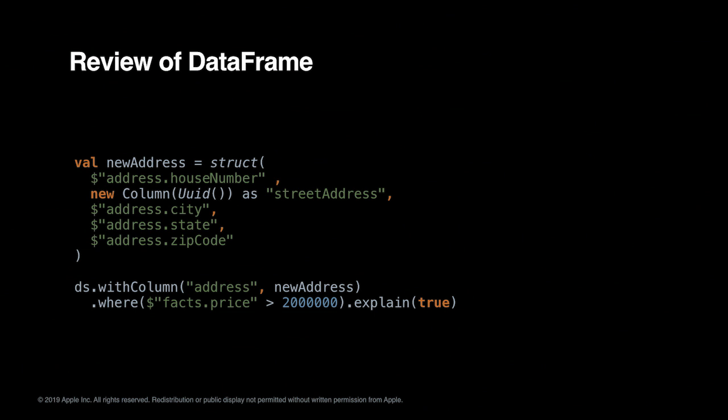And because rich people worry about bad guys going to their houses, let's say we want to replace the street address with a UUID. We hash it out. And also we respect privacy at Apple. So this is a really traditional query where we replace the street address with a UUID, and we query all the houses that cost more than $2 million.